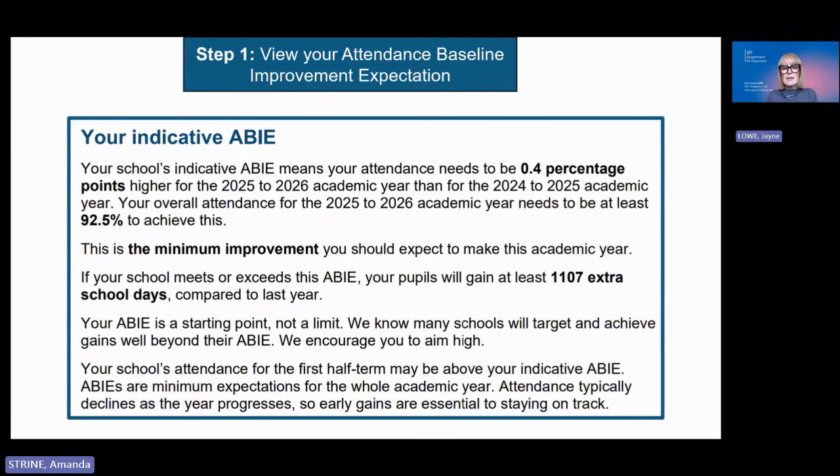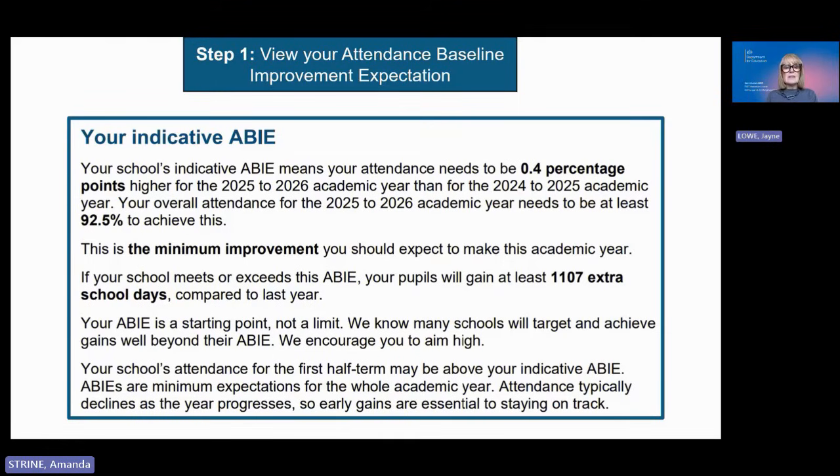One of the first things that you're going to see when you open the report is your attendance baseline improvement expectation. You've already heard today why the department has introduced ABIEs and how your ABIE has been calculated. But it is worth reiterating that in order for us to get back to pre-pandemic levels of attendance, all schools need to secure improvements. So when looking at your report, the first step is to consider the minimum improvement that you should look to make this academic year.